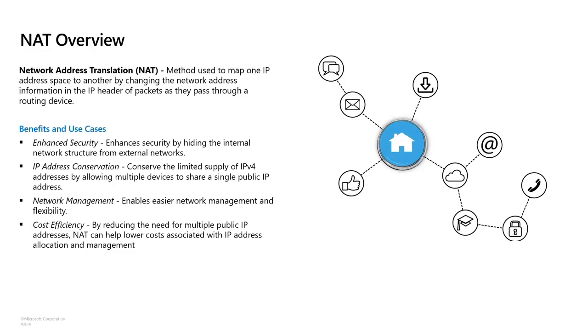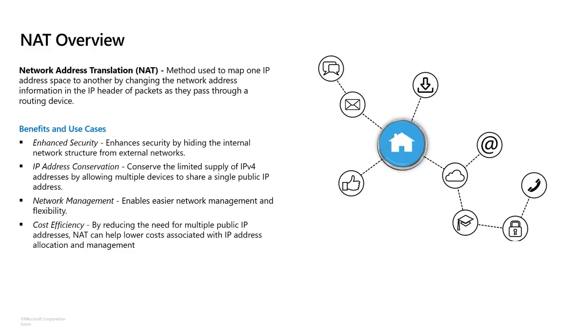In terms of the benefits and use cases of NAT, why it came about is first of all for enhanced security. It does this by hiding the internal network structure from external networks. We don't want our internal networks being exposed, and this makes it difficult for potential attackers to target specific devices within the network.